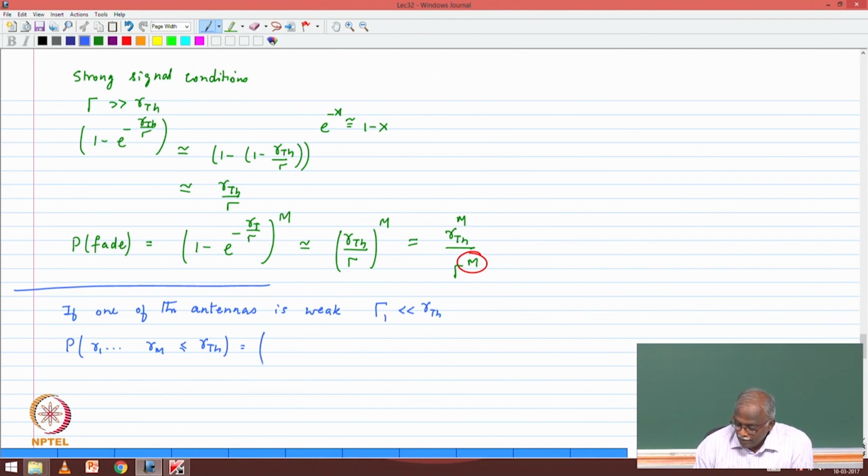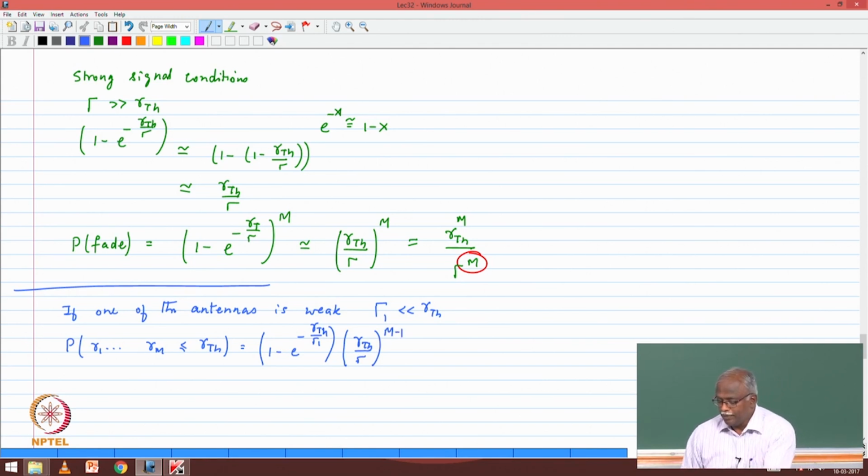Like before, we will write down the cumulative distribution functions for all of them: 1 minus e power minus gamma t by gamma 1, into, the others are all strong antennas, so I can write them as gamma threshold by gamma raised to the power of m minus 1. Am I correct?